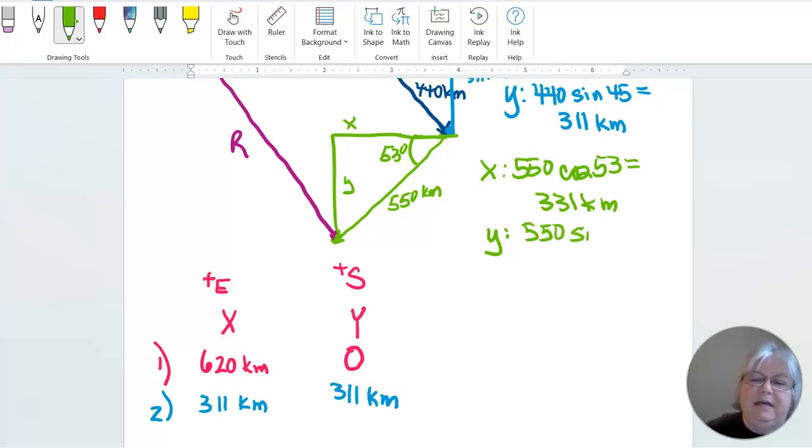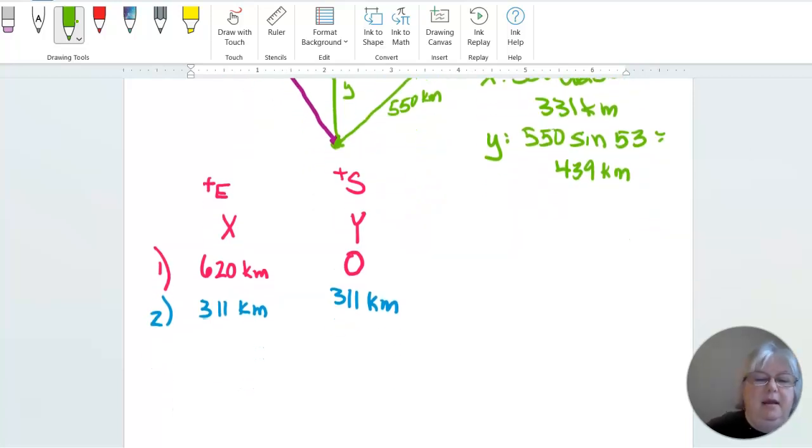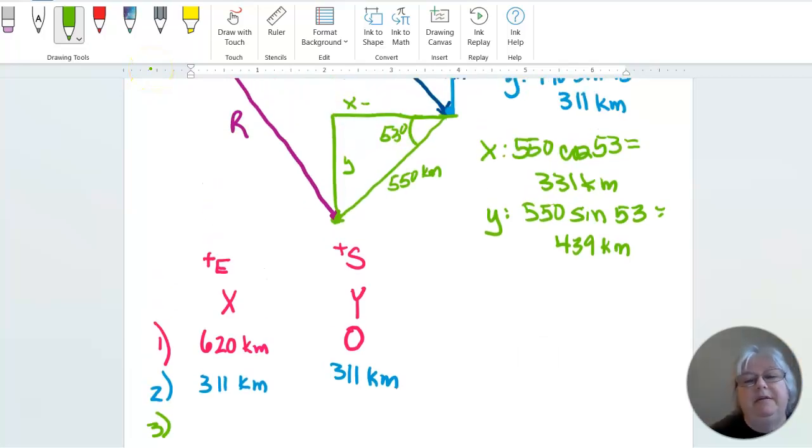Y would be using the sine side. And now I'm going to put them in my table. But what I have to remember is my x went in the opposite direction, so it is negative.